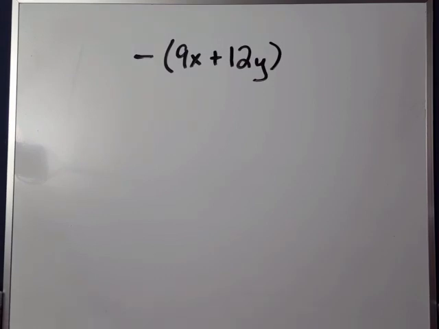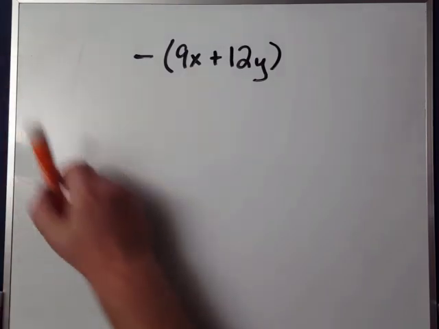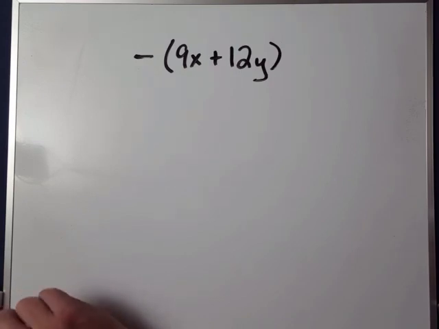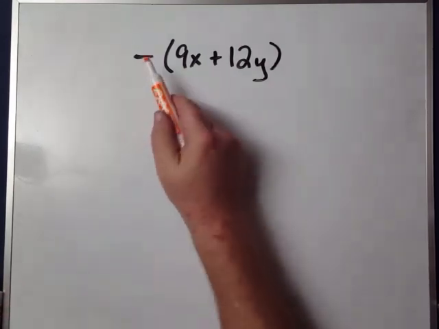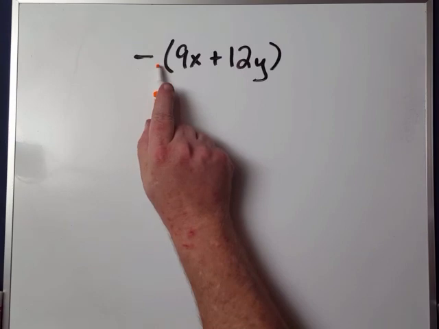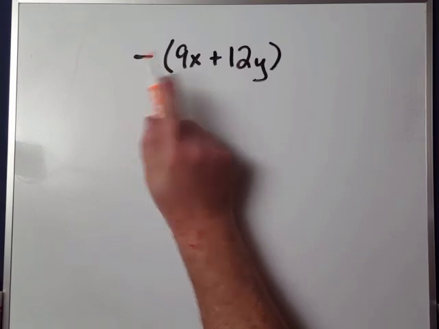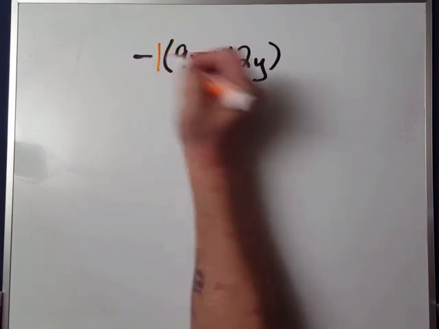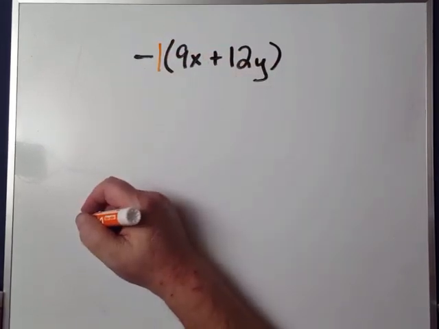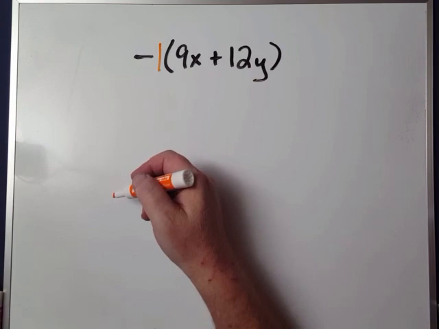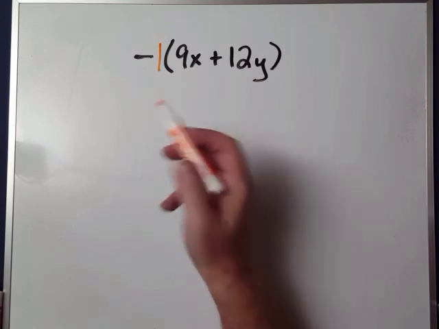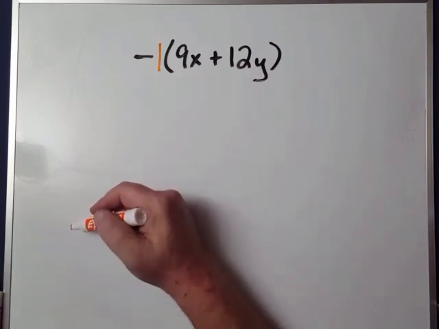I want to do everything I can do, which includes trying to drop those parentheses. I can do that when I recognize that there's a multiplicative nothing sitting right here. This negative out front really represents what? A negative 1. On a quiz or a test, I'm not going to write that 1, but we know that that's what it means.